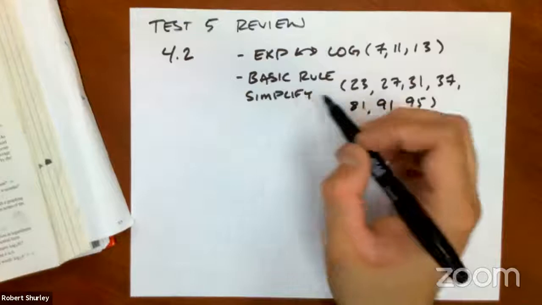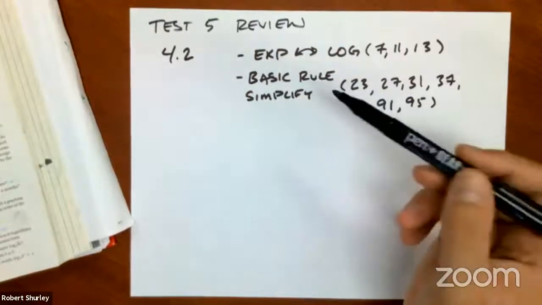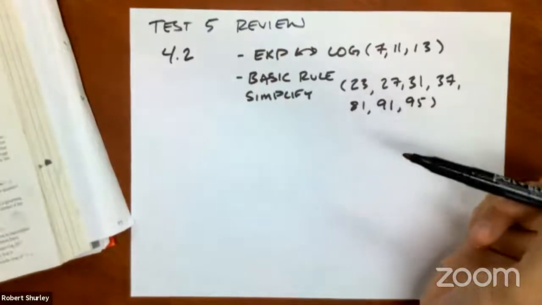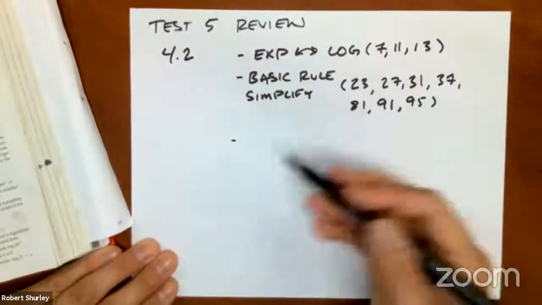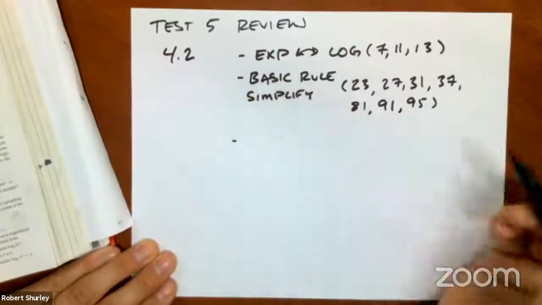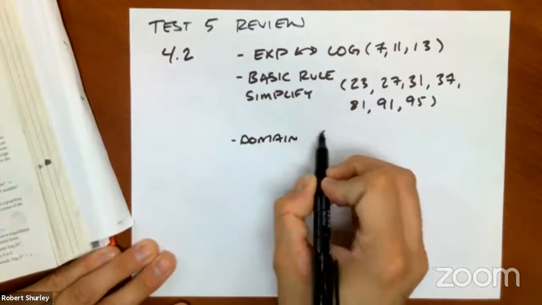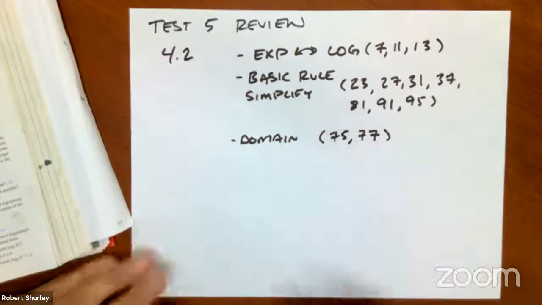Okay, that's a good group of questions for just using the basic rule, which we use in 4.3 as well. So we have to understand how to do these basic rules before we go on to the next section. And if you've been following along with the homework, you'll know that. Then we had the domain of logarithms, which was just 2 questions, 75 and 77.